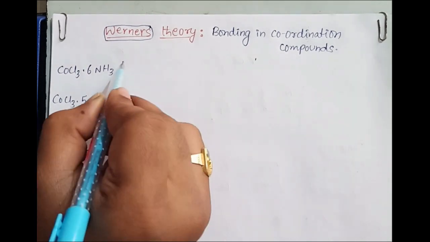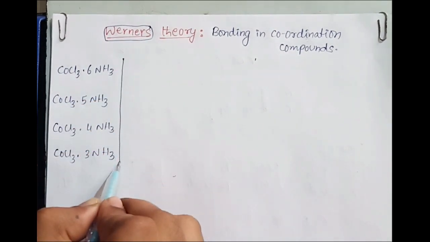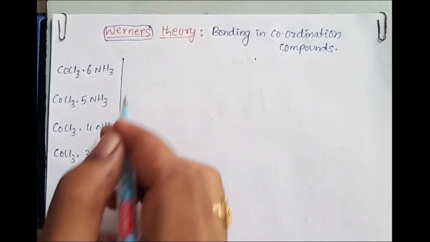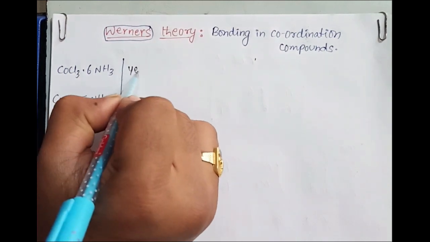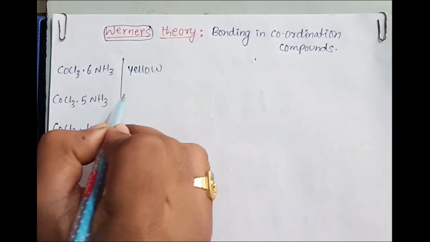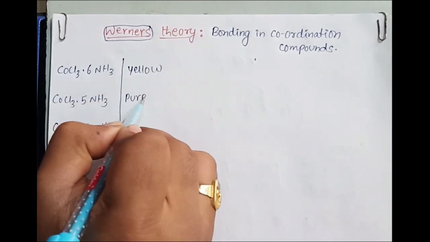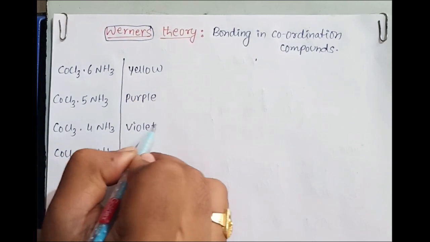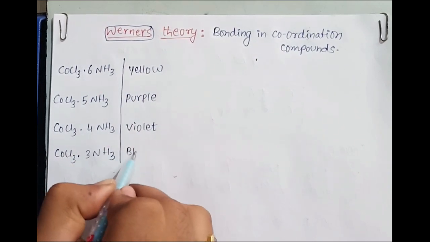He took four different compounds and they have different colors. Although they are all cobalt trichloride, because of ammonia the color changes. The first one is yellow, the next purple, next violet, and the next blue.